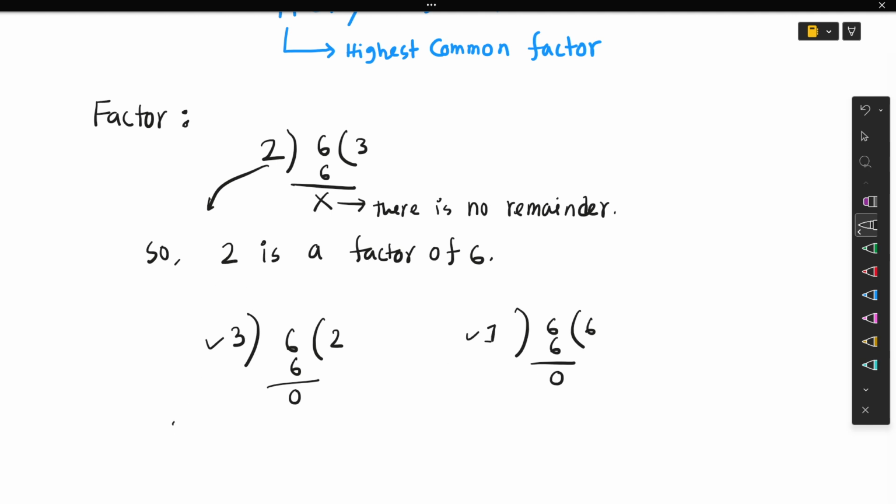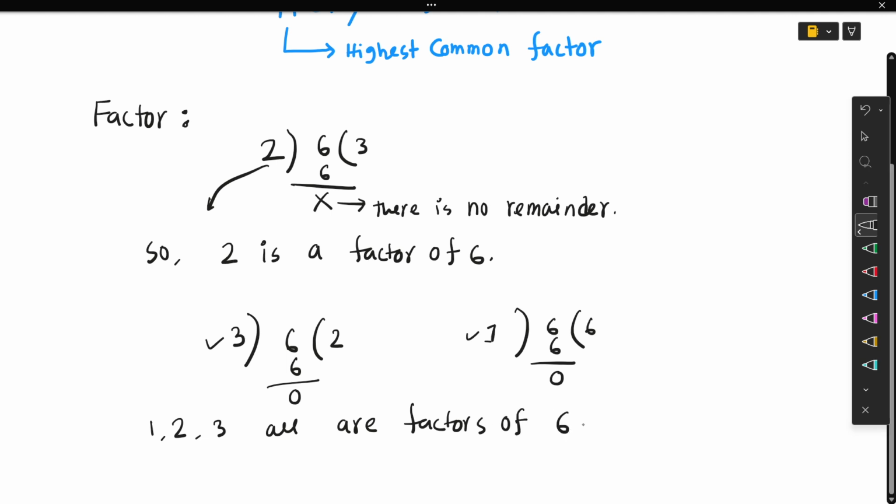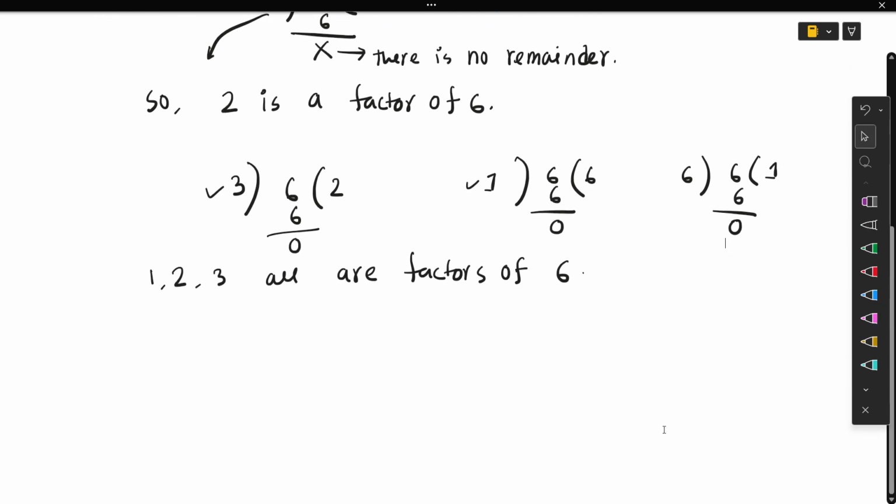Therefore 1, 2 and 3 all are factors of 6. Even 6 is also a factor of 6. You get 0. Okay, so I hope you guys have understood what is meant by factor.